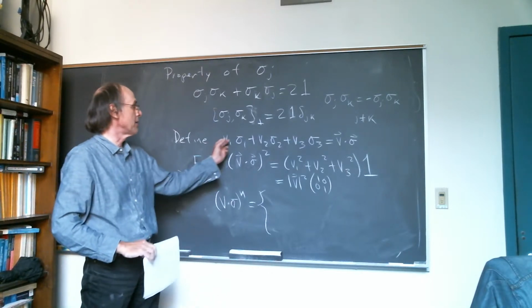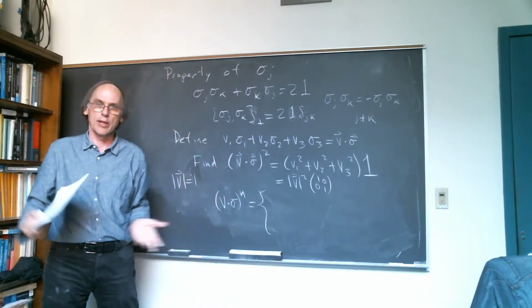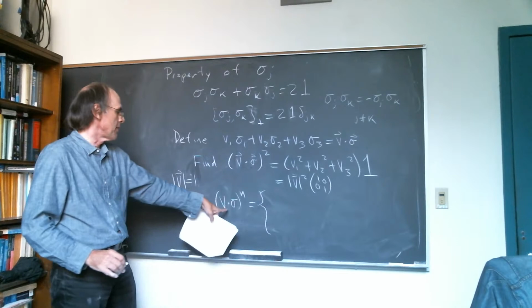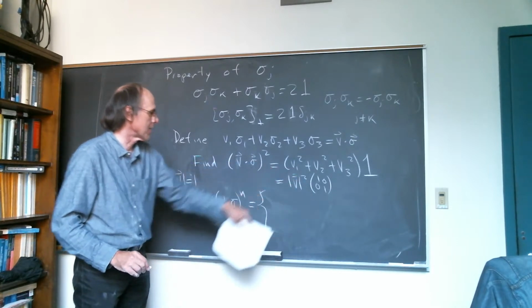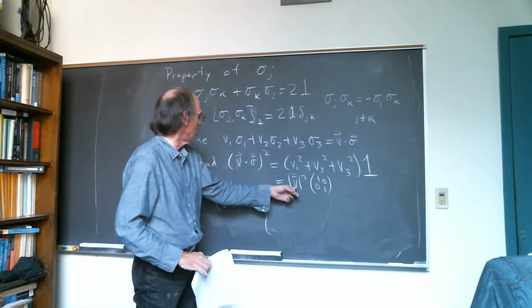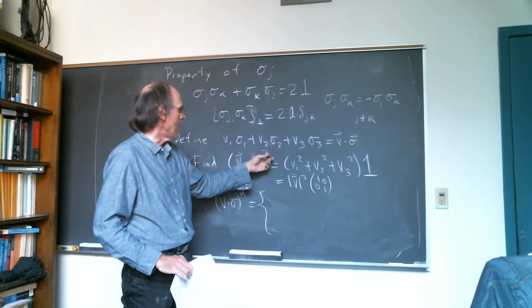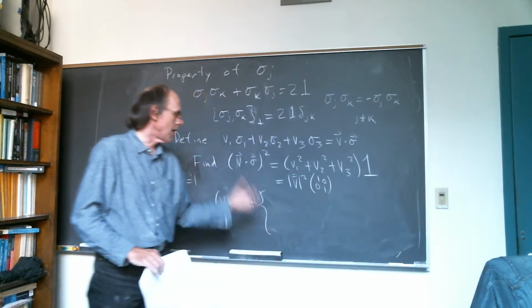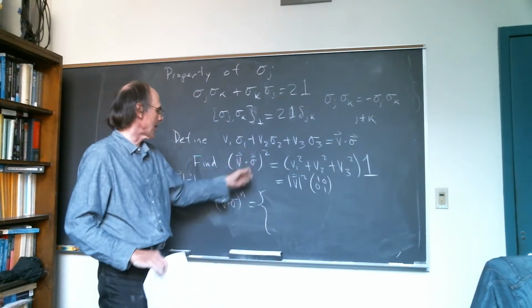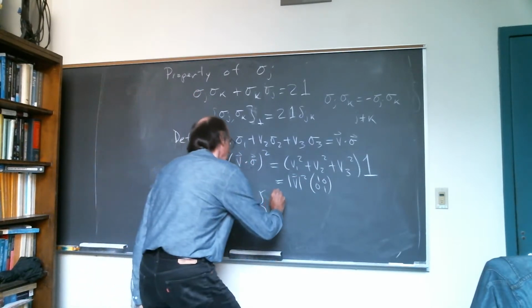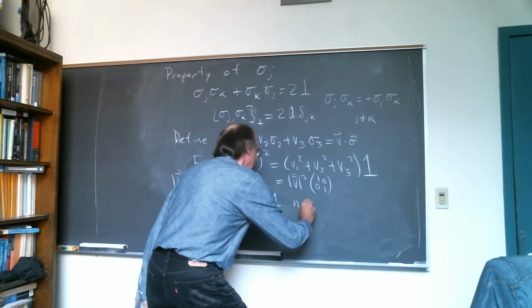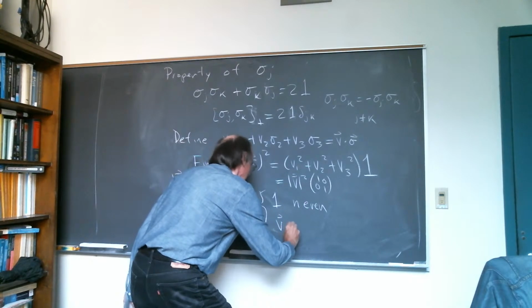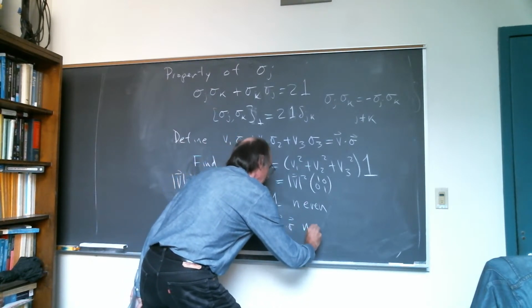If we take linear combinations where the overall length of the corresponding vector is 1, then multiplying this together, any even powers are going to give us just 1, and odd powers are going to give us back this. So it's 1 for n even and v vector dot sigma vector for n odd.